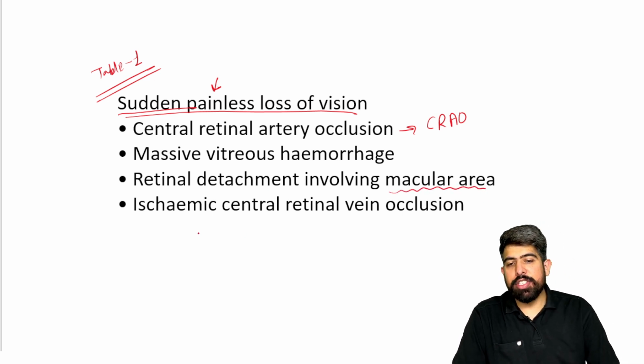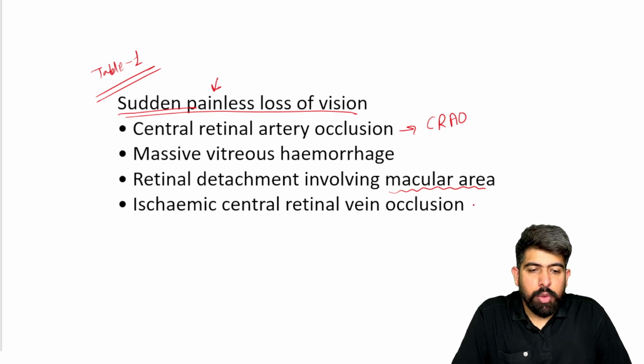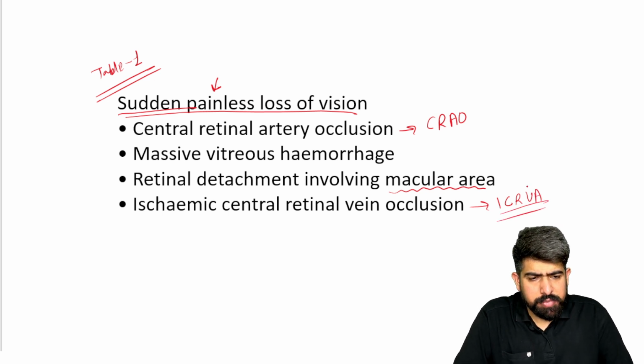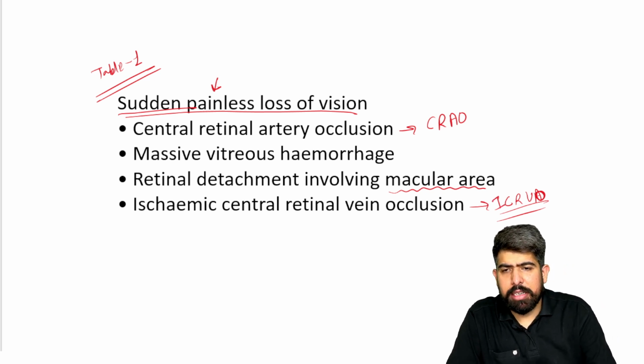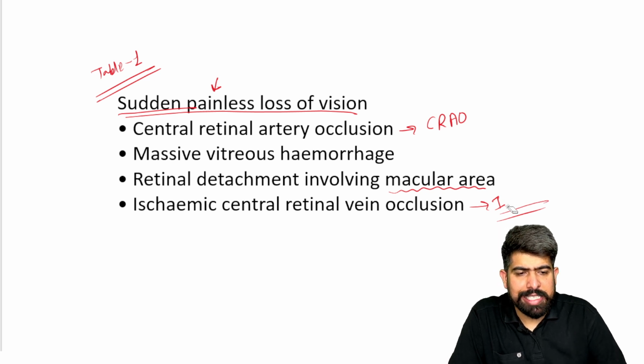And the last one is your ischemic central retinal venous occlusion, right? So it is your CRVO, but which one? The ischemic one. Please remember the ischemic CRVO. You can just remember it with the CRVO, so it will be quite easy for you.